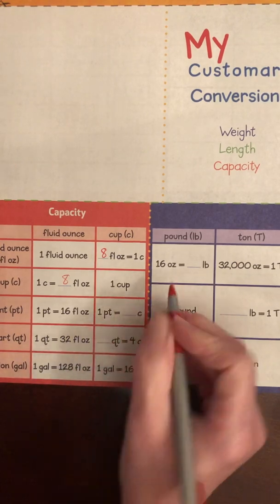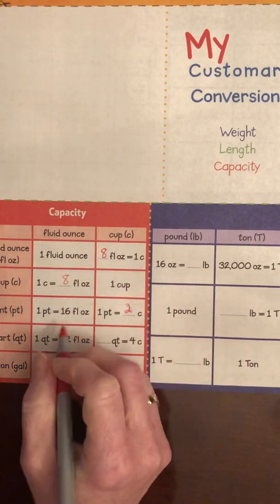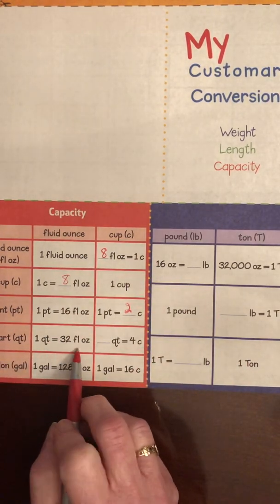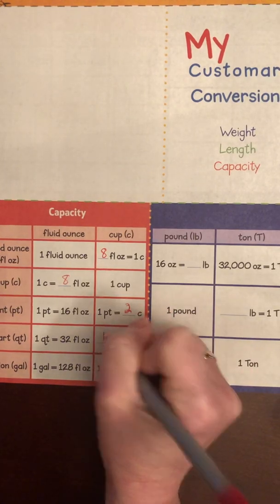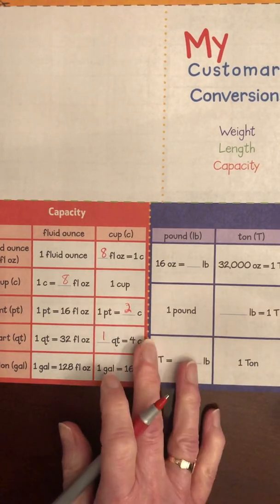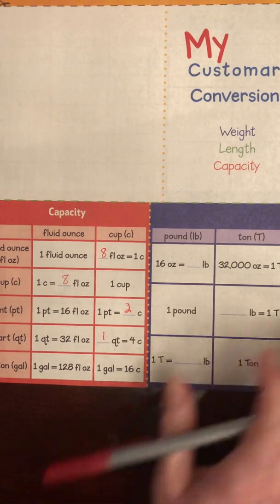And 1 pint is 2 cups, okay, because 8 times 2 is 16. Okay, so 1 quart is 32 fluid ounces, and there are 4 cups in 1 quart. Sorry, I'm saying that backwards. Okay, and the rest is filled in there for you.